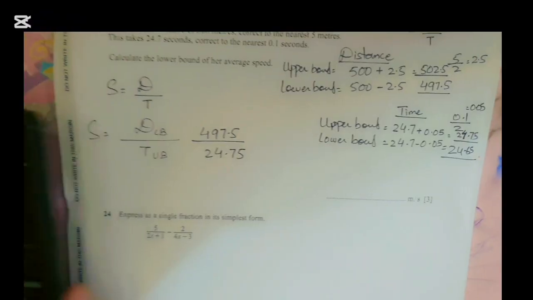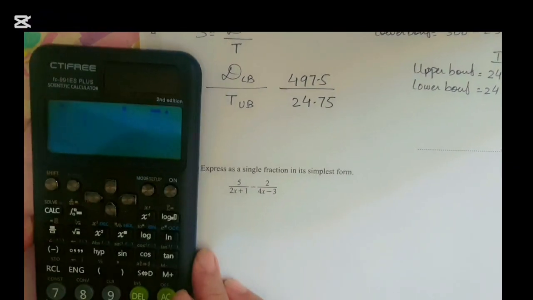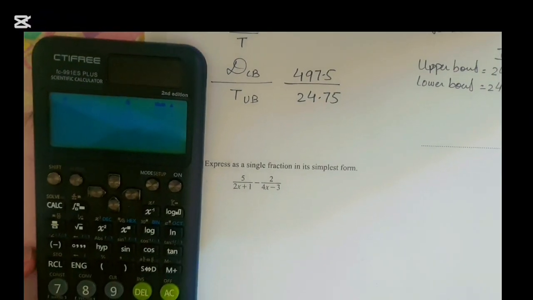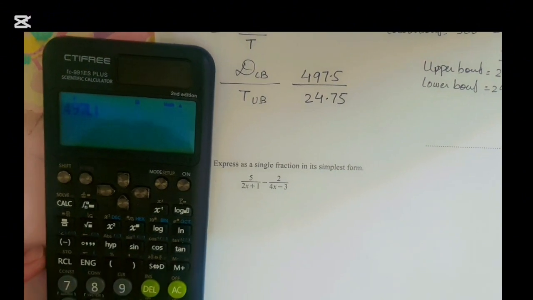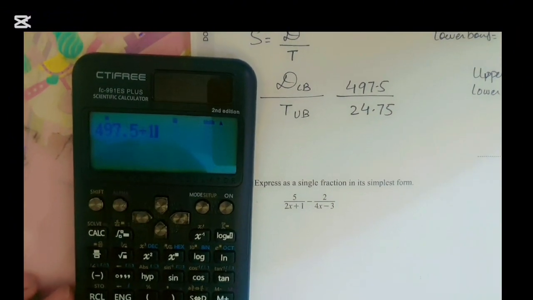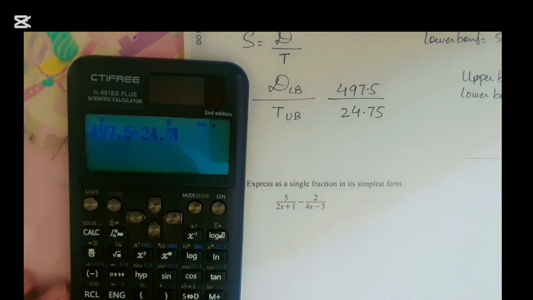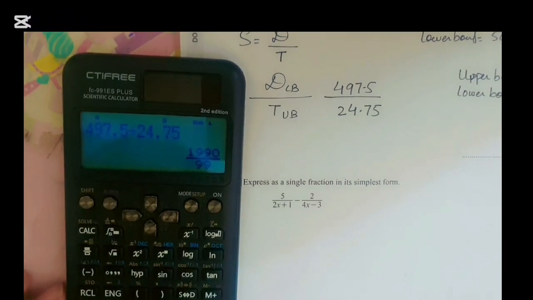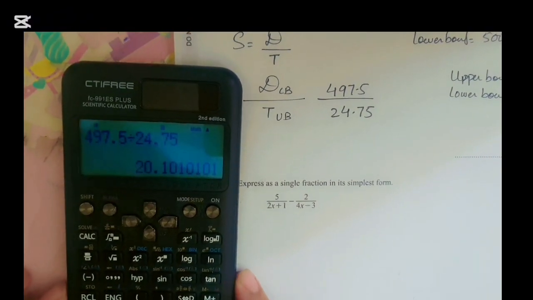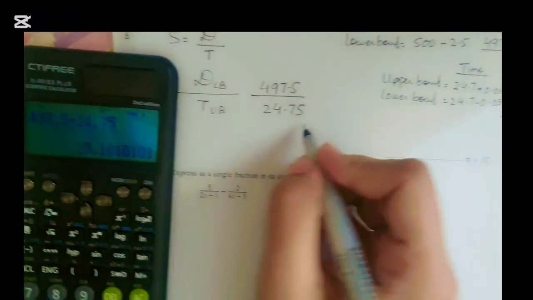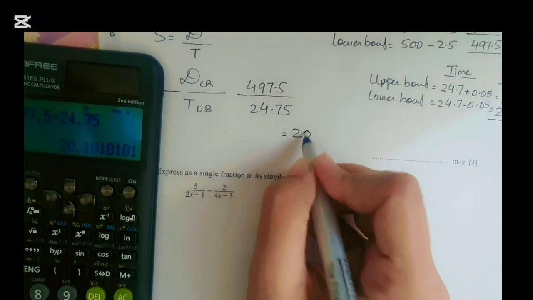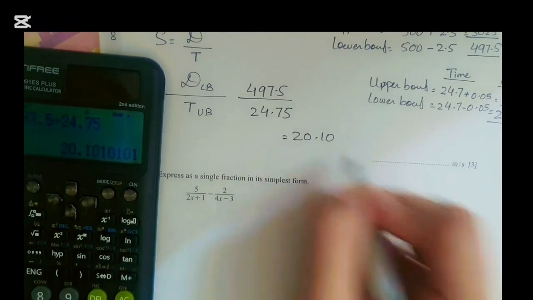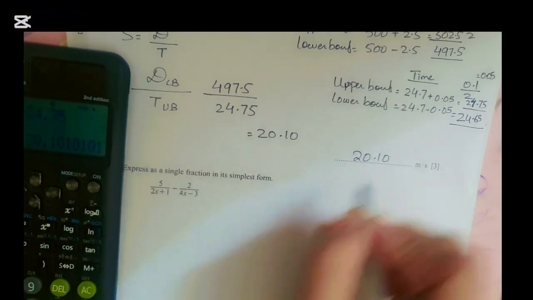Now use the calculator: 497.5 divided by 24.75 is equal to 20.10. So we'll write 20.10.